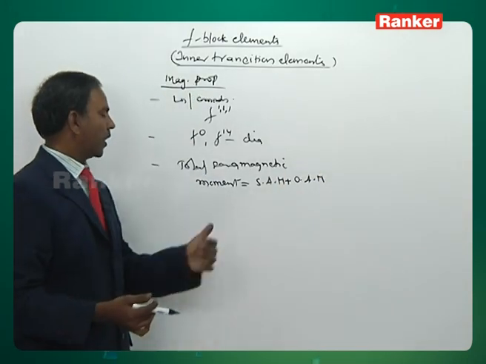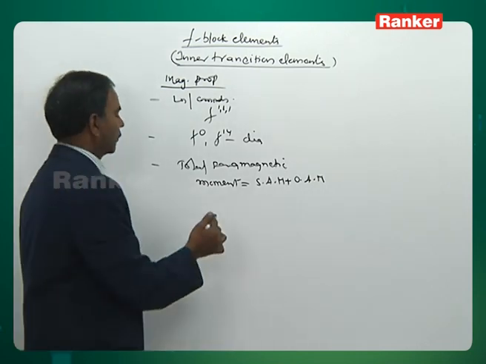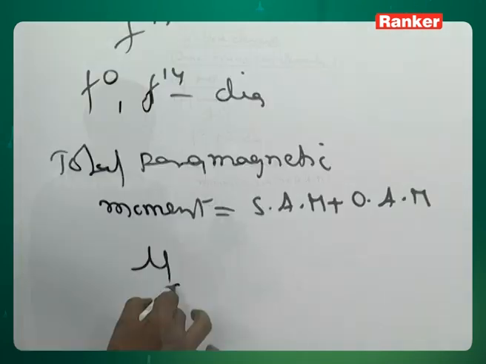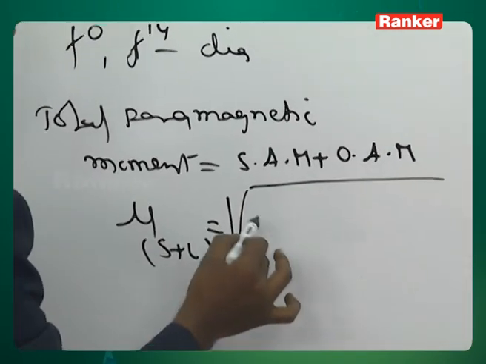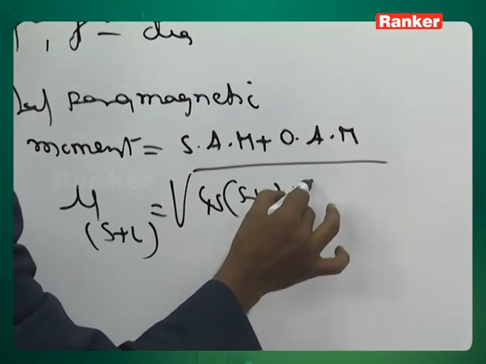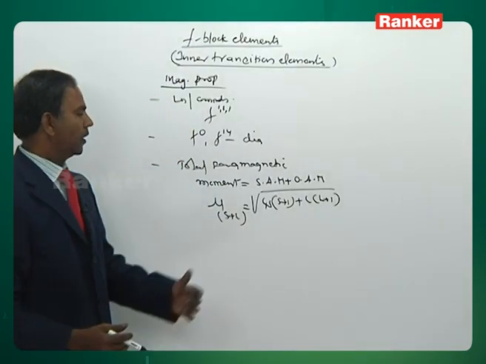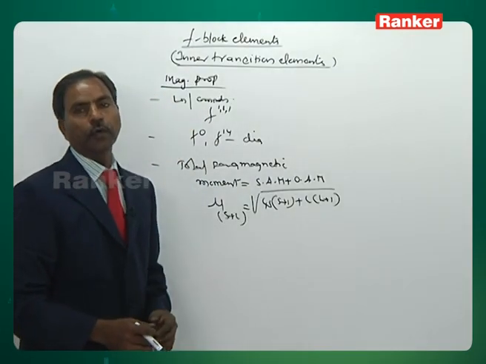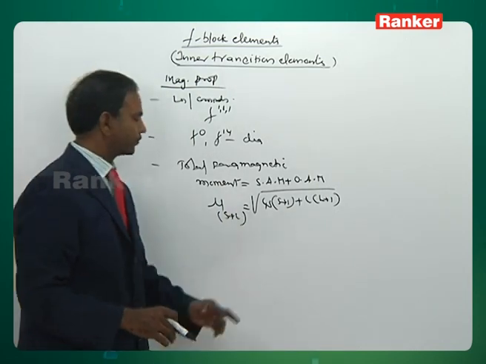We can show this with an equation: mu S plus L is equal to the square root of 4S into S plus 1, plus L into L plus 1. This is the equation we apply for the calculation of the total paramagnetic moment of any atom or compound.